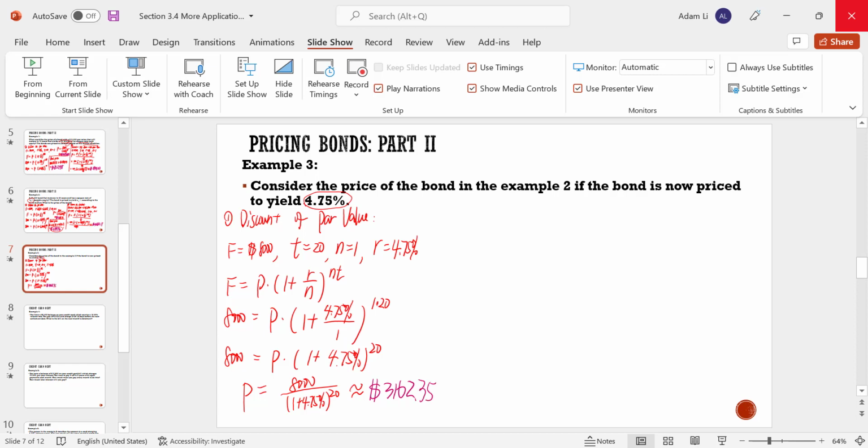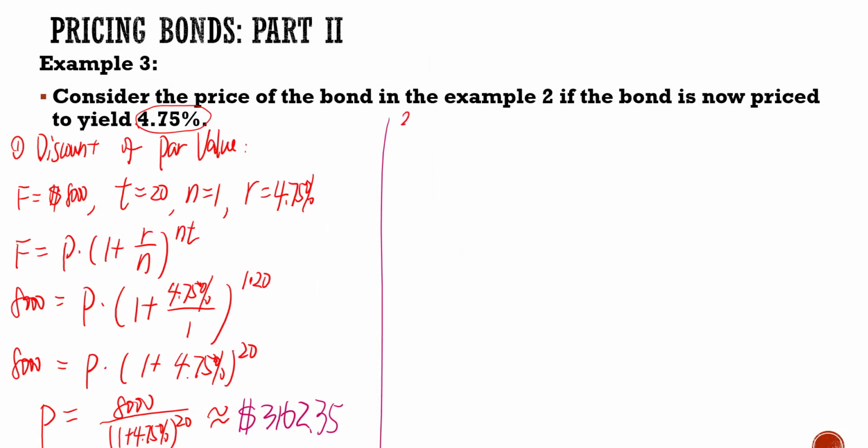All right, now we're going to look at the discount of the dividend. The second step is to find the discount of the dividend. So now dividend amount should be the same, right?